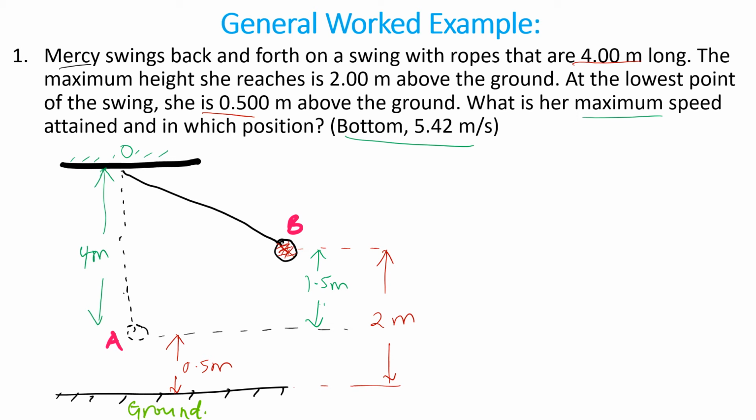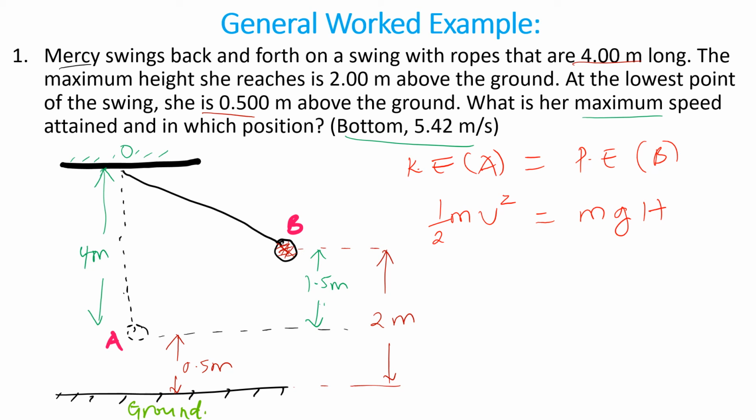If we move on using conservation of mechanical energy, we shall see that the kinetic energy at point A should equal the potential energy at point B. If we assume that she's swinging in the air and there is no air resistance, or air resistance is too small to be considered, therefore here we shall have the kinetic energy, which is a half times the mass of Massey times V squared, equal to the mass of Massey times the acceleration due to gravity times the height through which she rises.